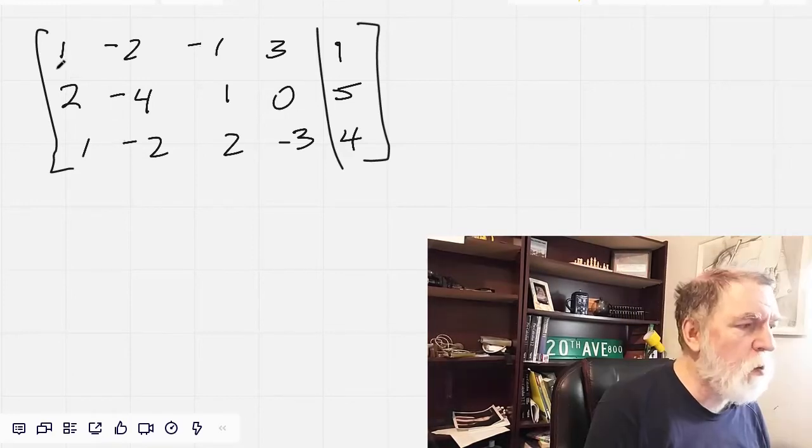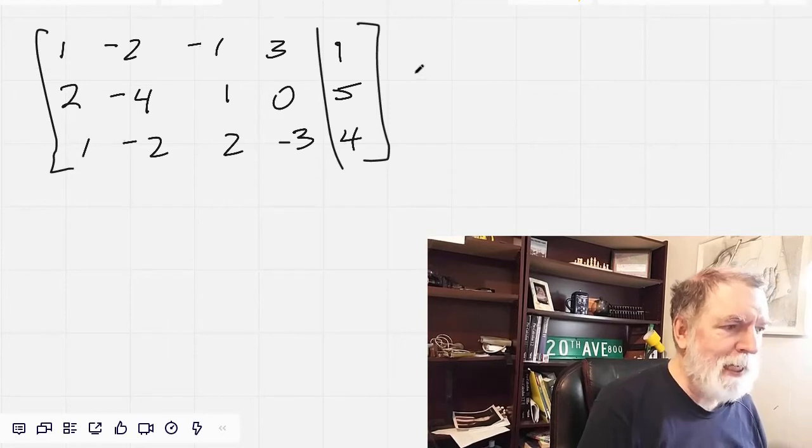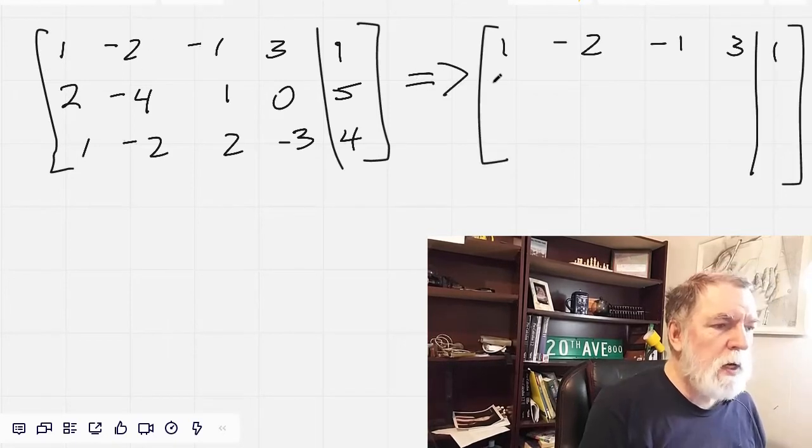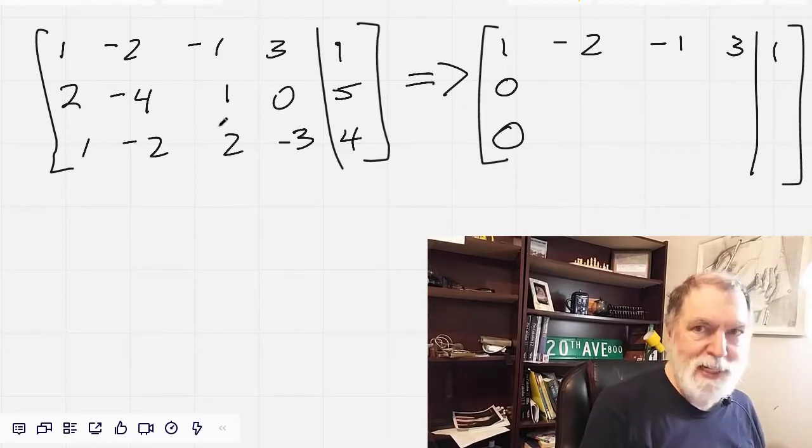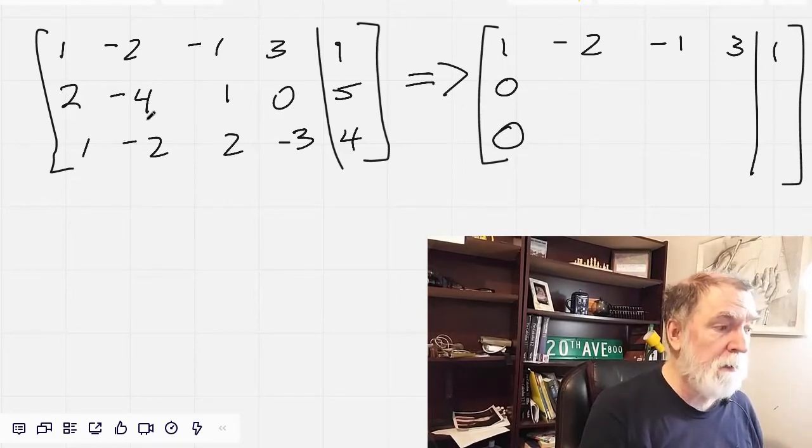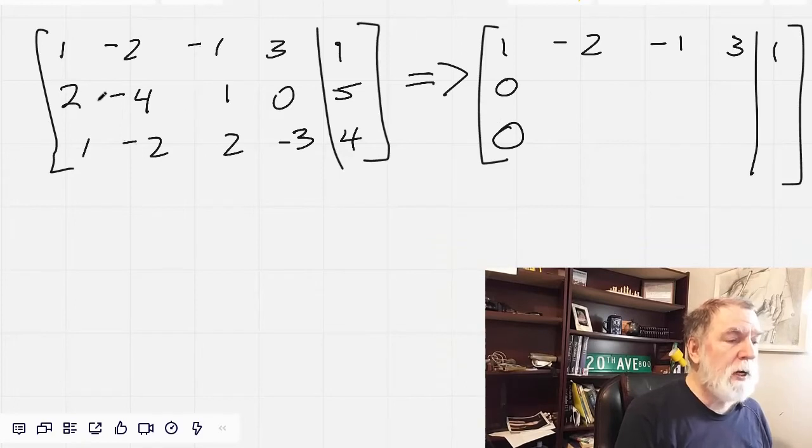We already have a 1 up here. Yay, we like that. So we're going to keep it. We want all of these to be zeros. So now we need to justify the zeros that I just put here. To do that, I'm going to double this upper row, and I'm just going to put a note here, -4, -2, 6, so we can see what we're doing.